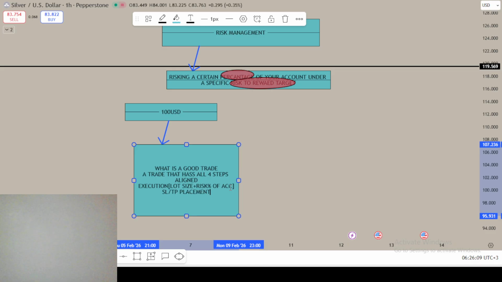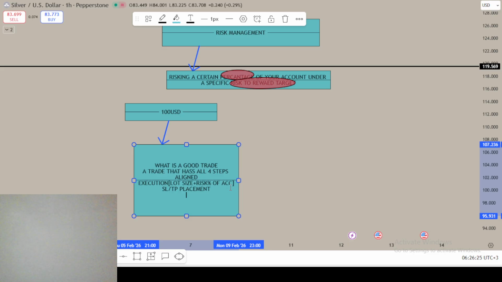These two are extremely important. I had forgotten take profit placement. You have to know where you're supposed to place your stop loss. You have to know where you're supposed to place your take profit. That is understood. And this is what makes you profitable.